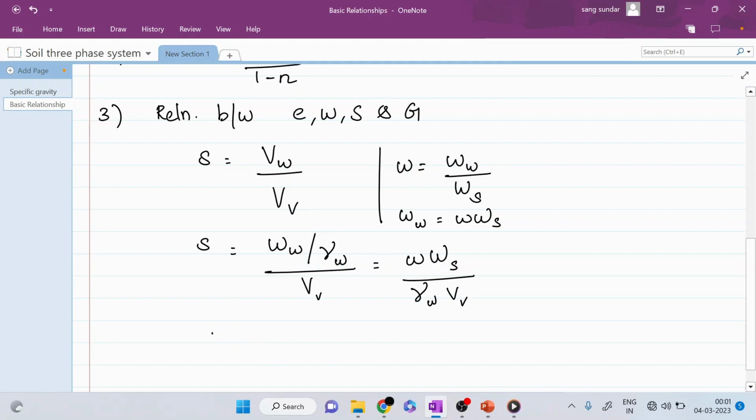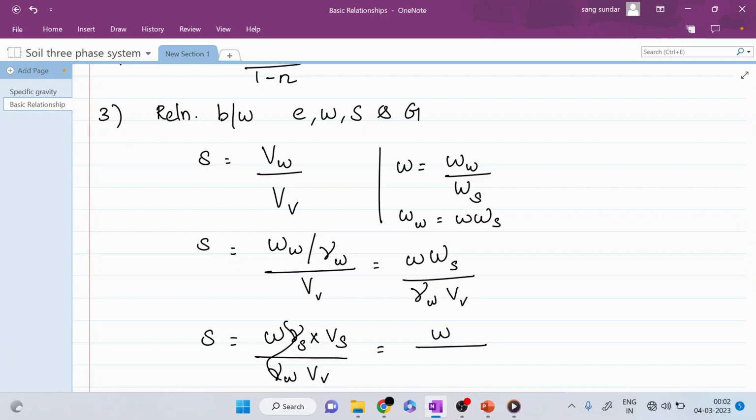Right? So S is equal to W, and instead of weight of solids, I can write it in terms of unit weight of solids into volume of solids, because weight by volume gives me unit weight, right? Divided by gamma W into VV. Now W into gamma S by gamma W is nothing but specific gravity, right?